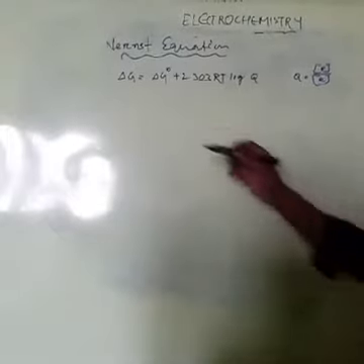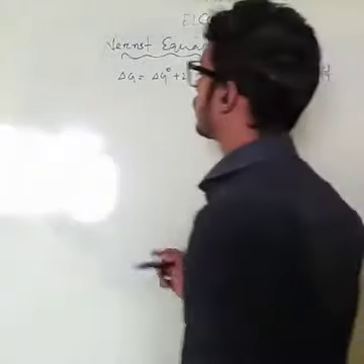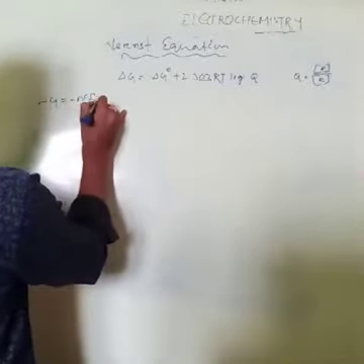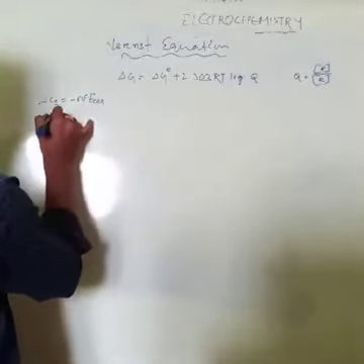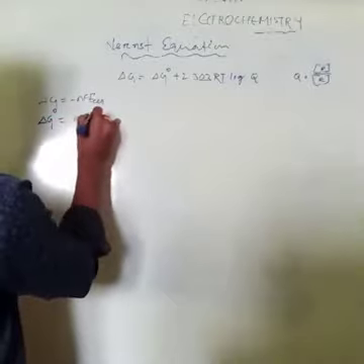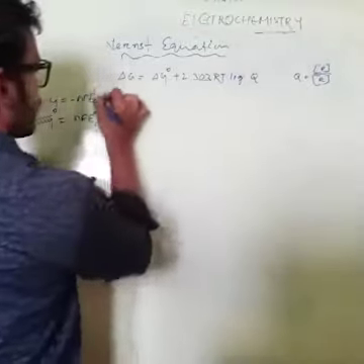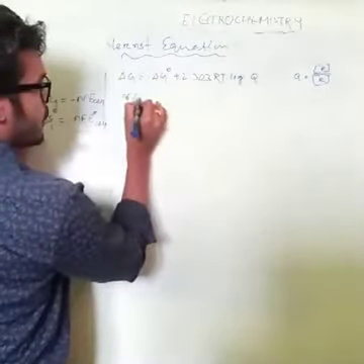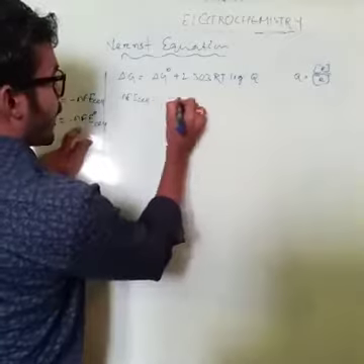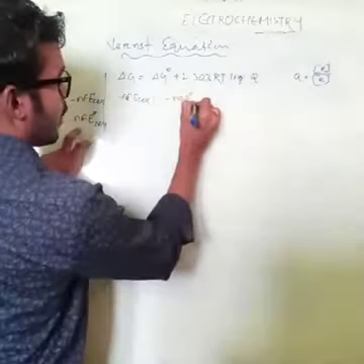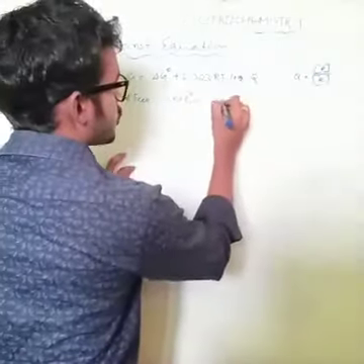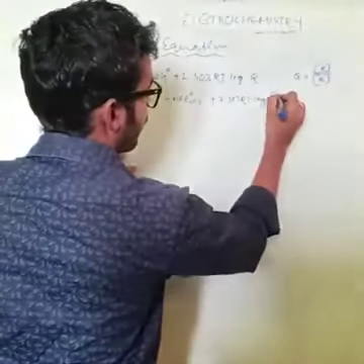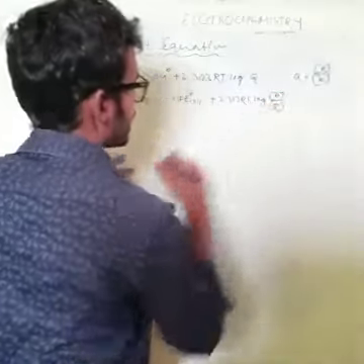Now put the value of del G, which is minus nF E cell, and del G naught, which is minus nF E naught cell. So minus nF E cell equals minus nF E naught cell plus 2.303 RT log product by reactant concentration.